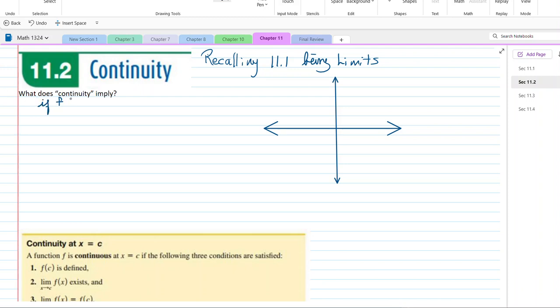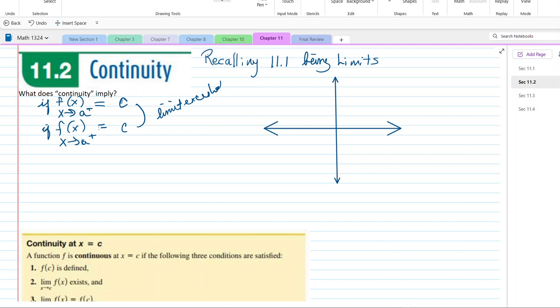if f of x, as x approaches some constant, equals some value from the left, and if the function approaching from the right is the same, then the limit existed.